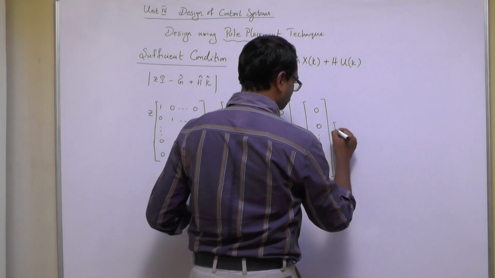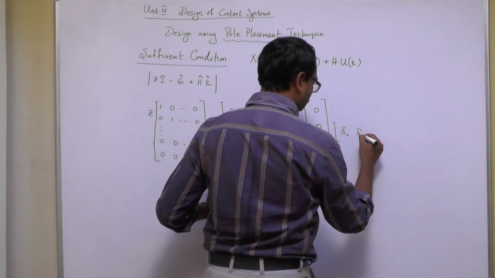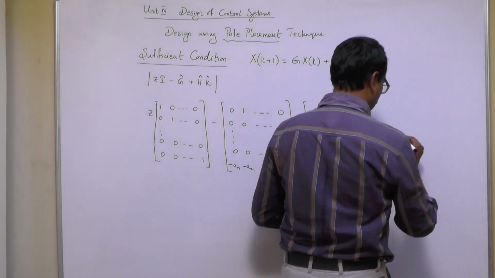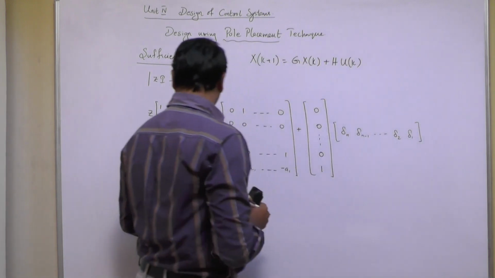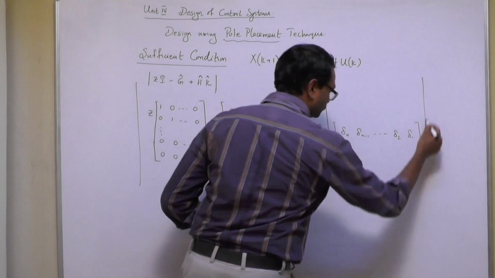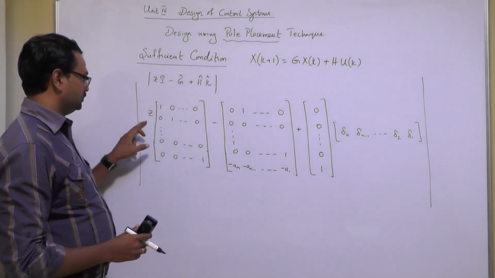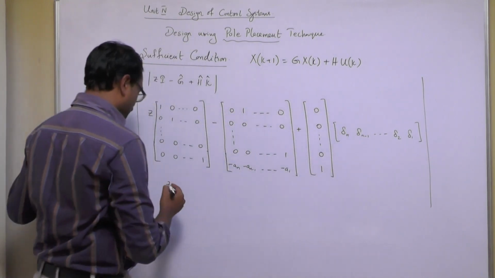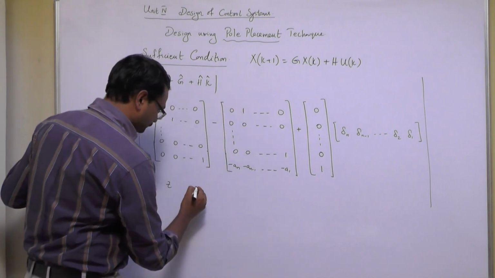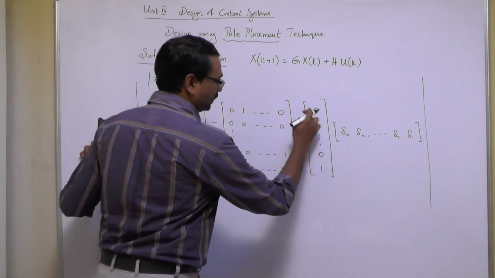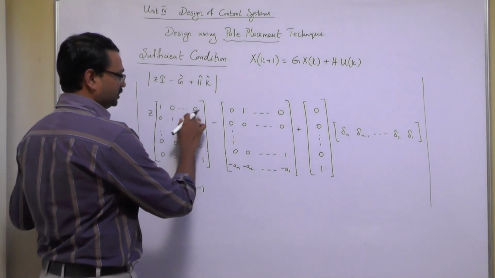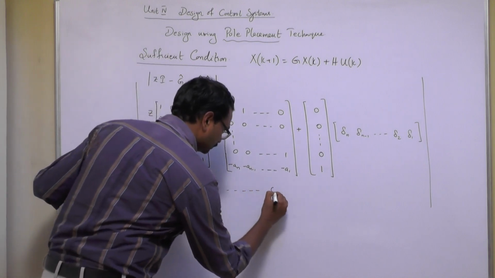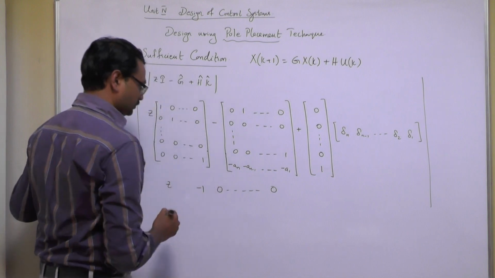K cap is del n, del n minus 1, del 2, del 1. Now the determinant of which is obtained should be found. Now you can add this Z, 0, 0, then 0, minus 1, and 0, then the remaining are zeros, therefore you can write zeros, 0 and so on zeros.